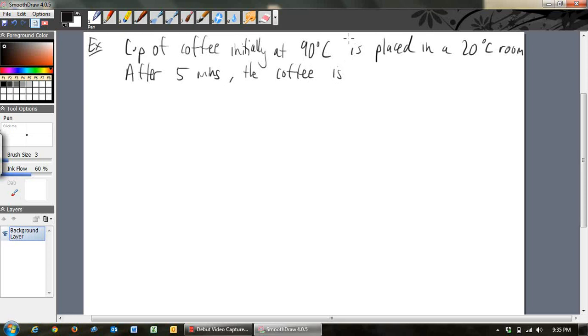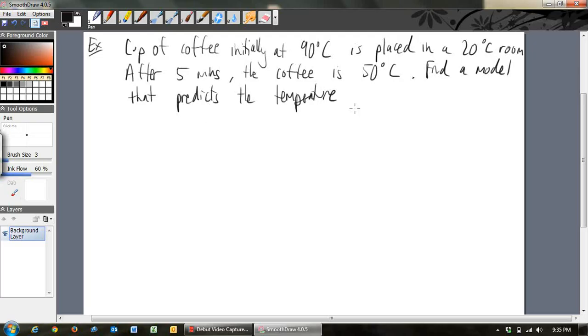I won't try and make it nice, but if I come undone, don't mind me. Now let's just say that it drops 50 degrees Celsius. Find a model equation that predicts, poorly worded, but find a solution to this differential equation.